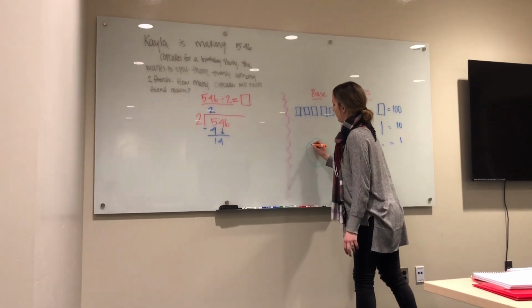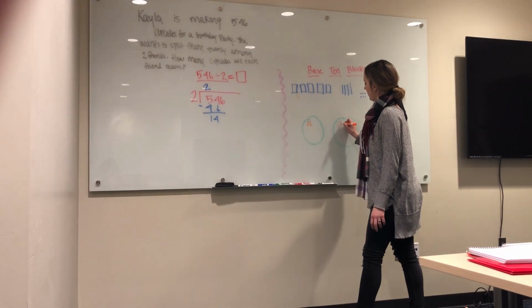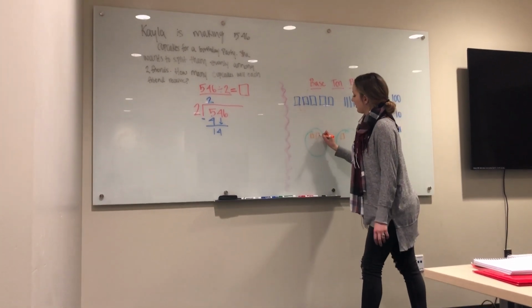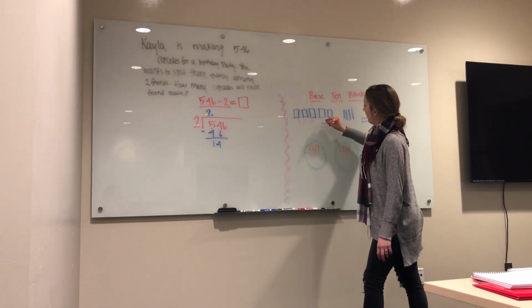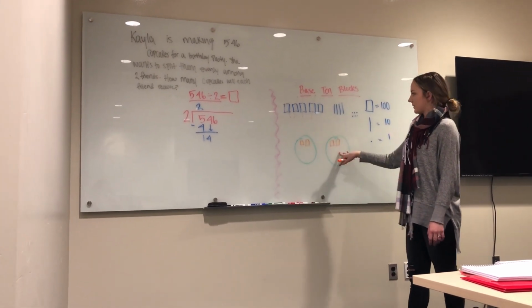So we have 1, cross that off, 2, cross it off, 3, 4, and we only have 1 remaining in 2 groups.